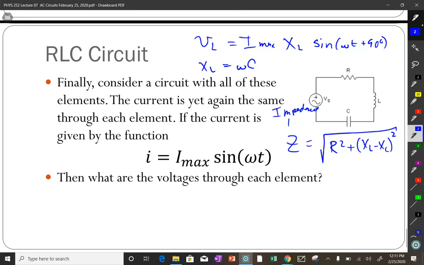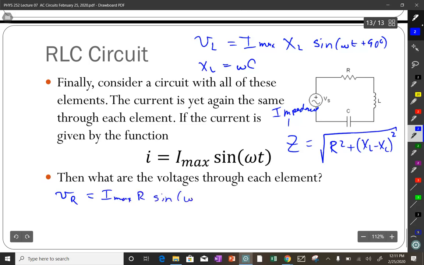Okay, so given this RLC series circuit, what are the voltages through each element if I have that same current? Well, I don't have to reinvent the wheel. I have done all of these. The voltage across the resistor is I max R sine of omega t.